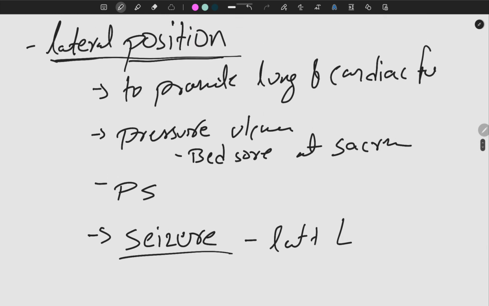For these reasons we advise the left lateral position.